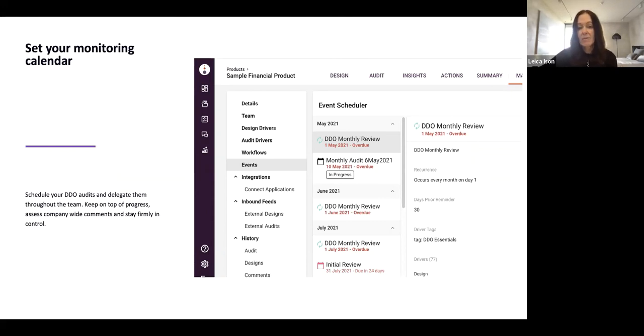I can jump in, notify my team that we've got a review to do, and keep all of that managed in one workspace, stay on the front foot and not miss those reviews that I've committed to. So it's a really simple but excellent tool to manage those target market determinations.